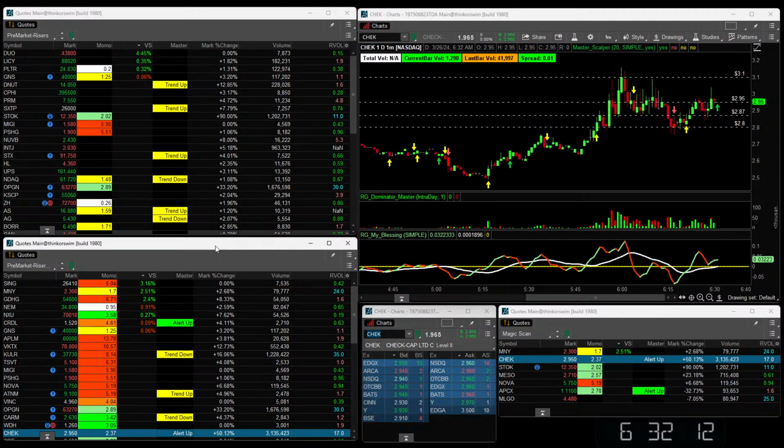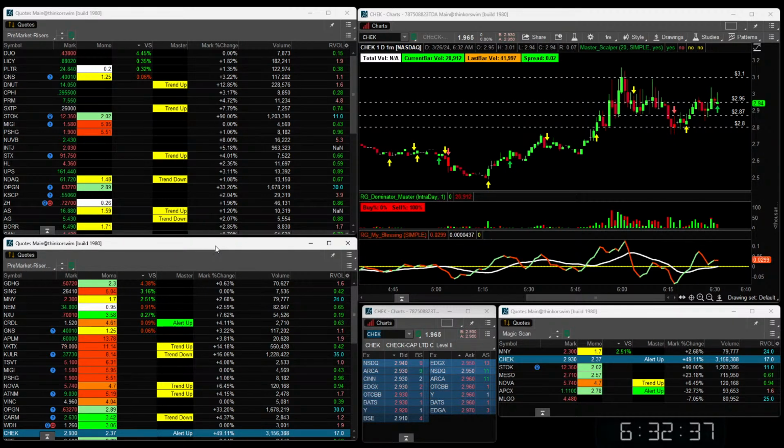There's that green arrow. Now we need a green dominator bar. We need the volume to increase a whole bunch. The buyers just aren't there.